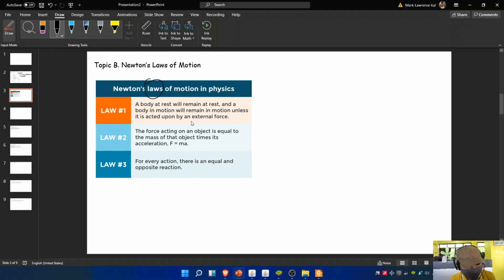Okay, sa ngayon. So law number 1 is a body at rest will remain at rest and a body in motion will remain in motion unless it is acted upon by external force. Now we already know that this is inertia. Second one is that a force acting on an object is equal to the mass of an object times its acceleration, and we already know that this is acceleration.